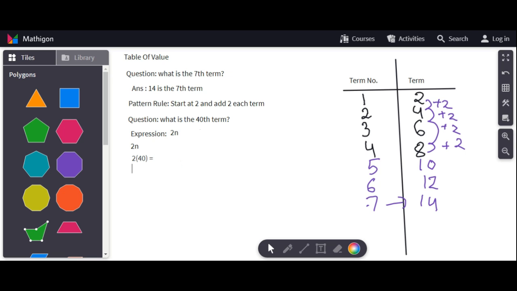We know, 80. So our answer should be 80. Okay, let's write this down. The 40th term would be 80. So this should be correct, and I think it is correct.